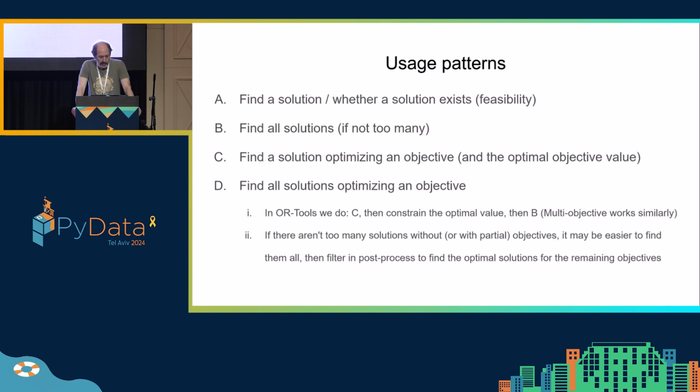And then you may want to find all solutions optimizing an objective. The way we will see today, the way it's done in all tools, is first find the optimal solution, find the value, constrain this value in your problem, and then find all solutions. And by the way, multi-objective works in a similar fashion.